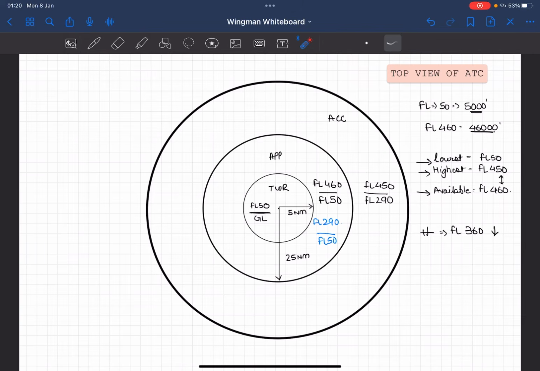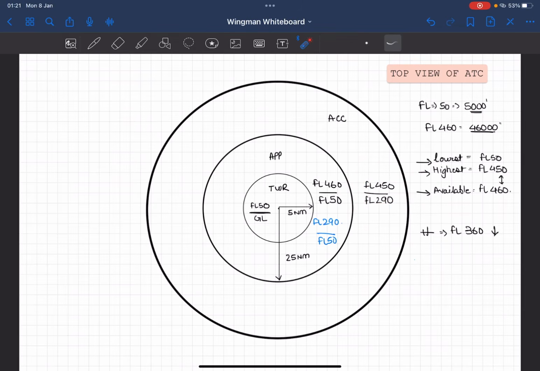Now say you are a traffic coming in at flight level 360. The area control might hand the traffic over to approach and tell them, for this one particular traffic, you guide him all the way from flight level 360, which in normal circumstances was traffic for area control to take care of till flight level 290.